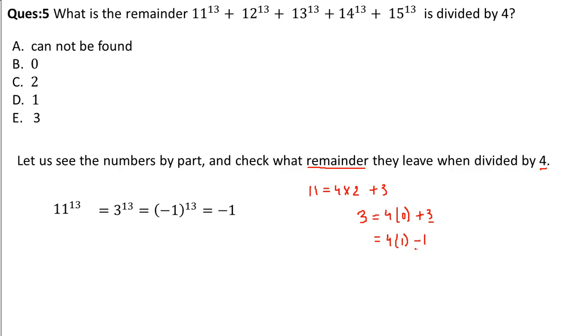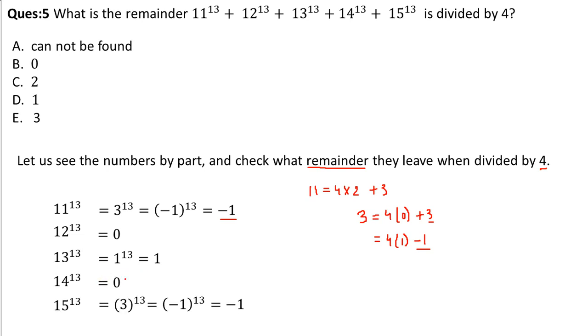So I'll take this as the remainder so that I can directly get minus 1 to the power 13, which will yield the value minus 1. Similarly, for 12 to the power 13, the remainder would be 0. 13 to the power 13, it would be 1. 14 to the power 13, it would be 0. And 15 to the power 13 would be minus 1 to the power 13 again, and that would be minus 1, as we did for 11 to the power 13.